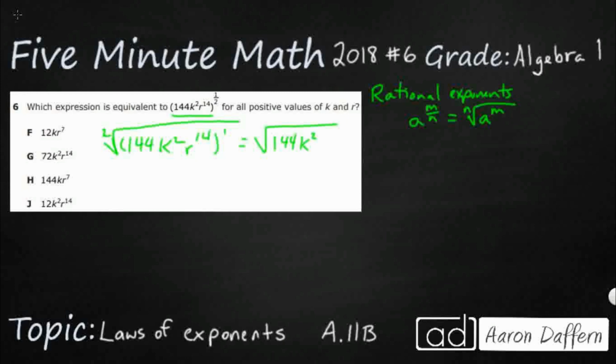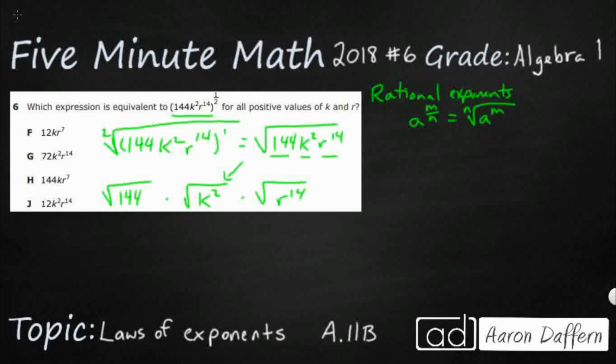K squared r to the 14th. I can actually distribute this out, and I'm going to break it up into these 3 chunks. It's the square root of 144 times the square root of k squared times the square root of r to the 14th.